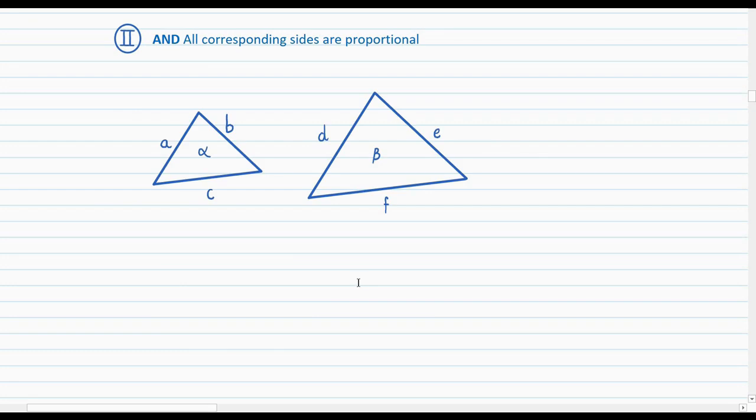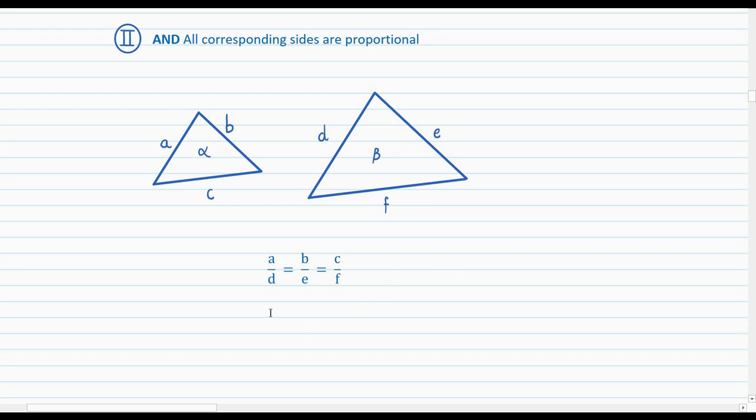What we mean by proportional is if you were to take a fraction of one side in one triangle divided by the same side in the other triangle, you'd get the same value as saying another side divided by its corresponding side. And the same would apply to this third side. Therefore, A over D would be equal to B over E, which would also be equal to C over F.